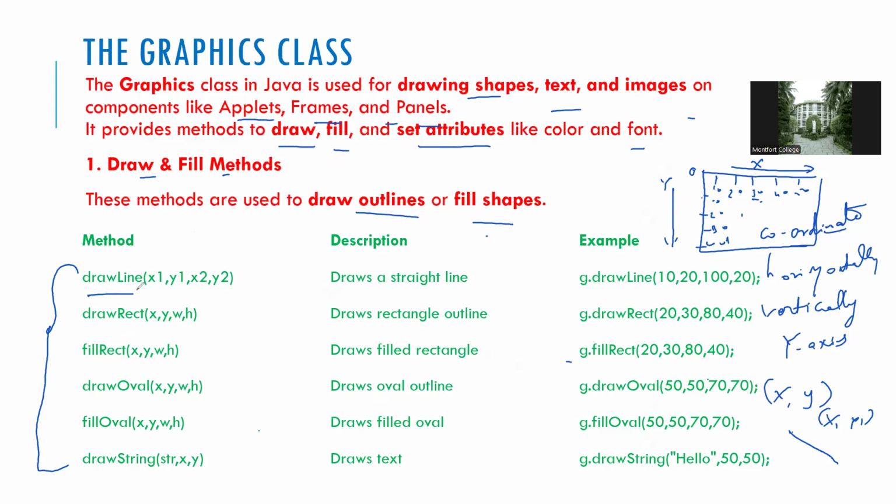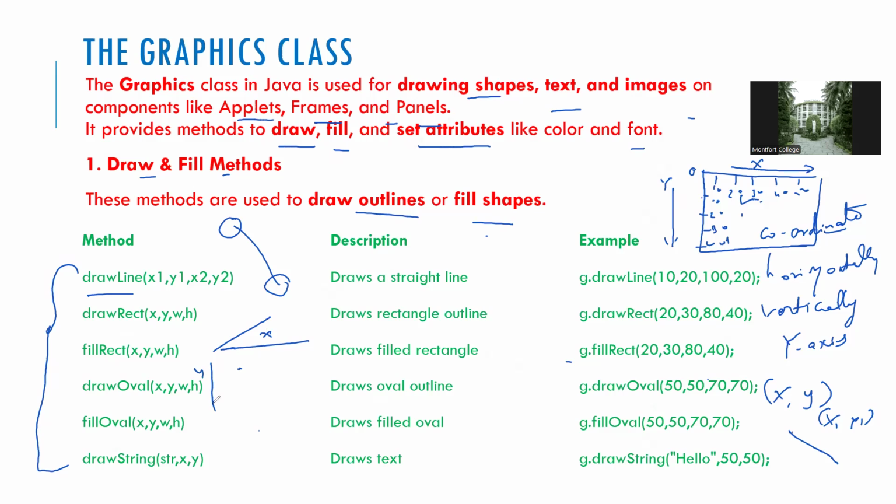So first, to draw a line, like this or like this also, we need two points: the starting point and the ending point. For the starting point, as I mentioned here, we need the x-axis and y-axis of the first point.